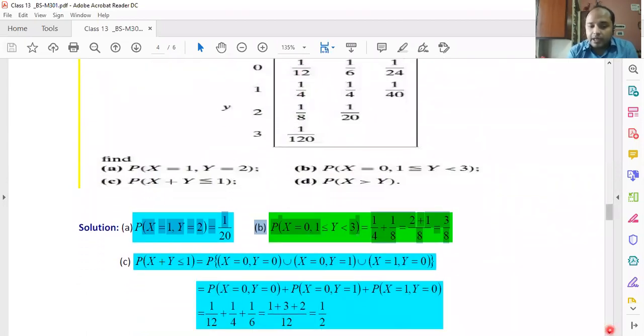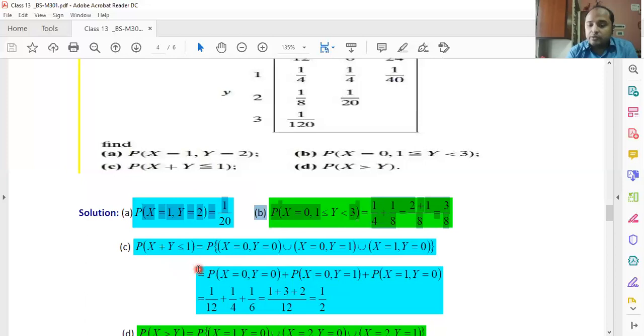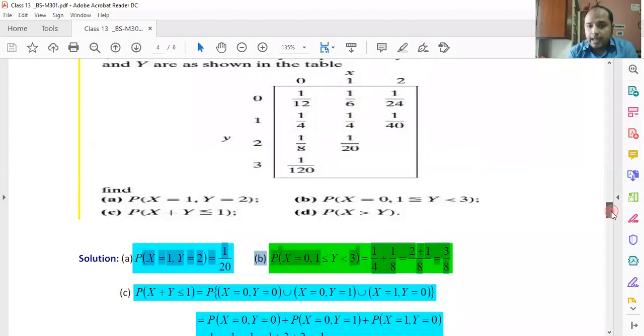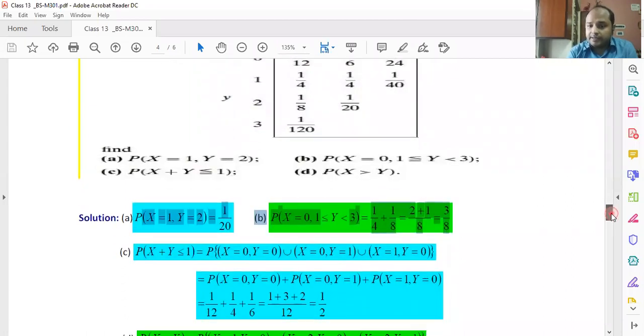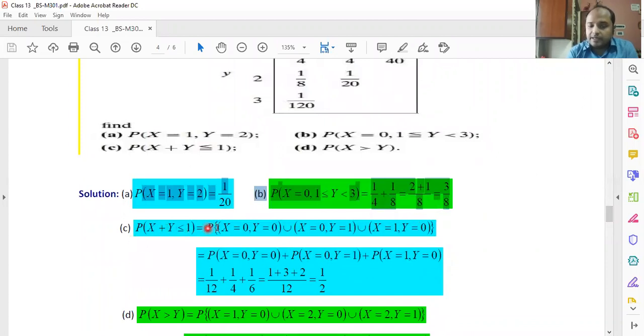Similarly, if you write probability of X plus Y less than or equal to 1, what are the possibilities? Possible values of X are 0, 1, 2, and possible values of Y are 0, 1, 2, 3. This can be obtained in these mutually exclusive ways: X equal to 0, Y equal to 0; or X equal to 0, Y equal to 1; or X equal to 1, Y equal to 0.